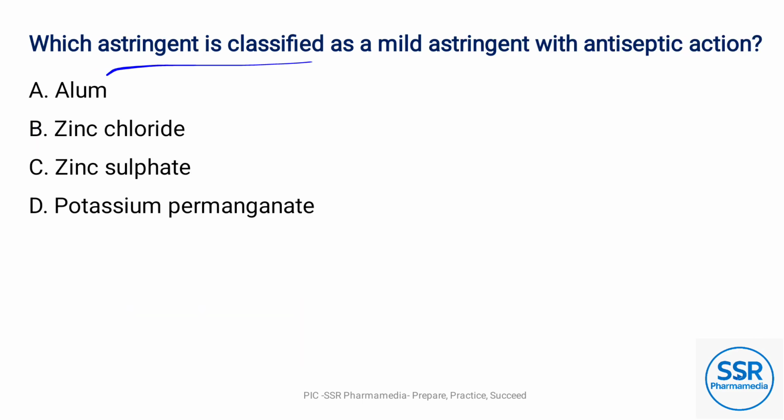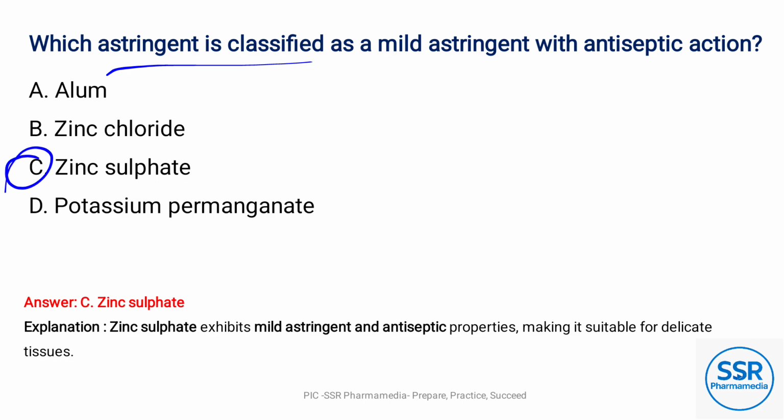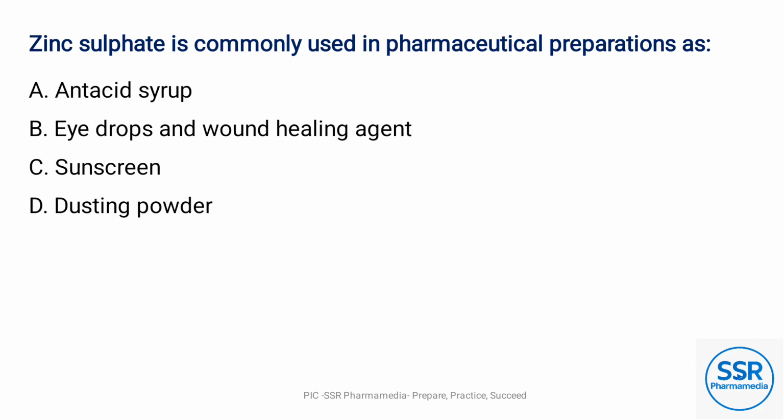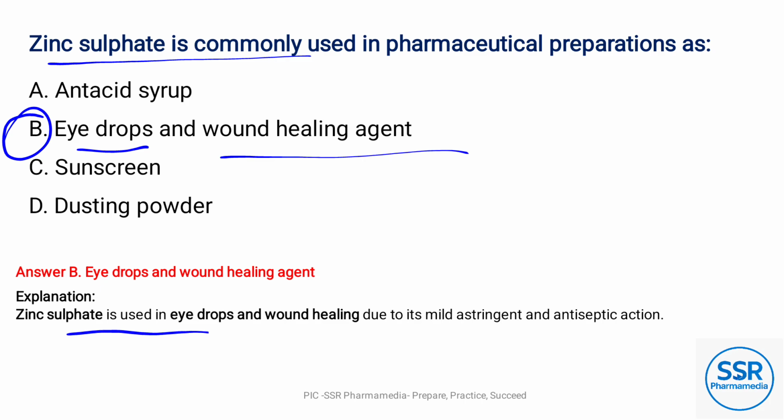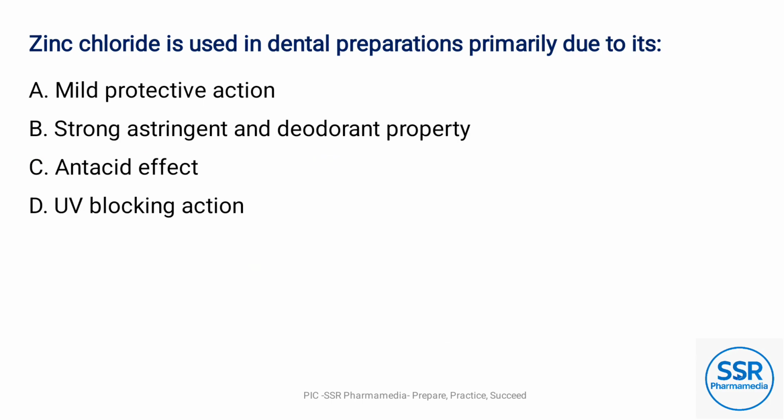Which astringent is classified as a mild astringent with antiseptic action? Option C. Zinc sulfate exhibits mild astringent and antiseptic properties, making it suitable for delicate tissues. Zinc sulfate is commonly used in pharmaceutical preparations as, option B, eye drops and wound healing agent, due to its mild astringent and antiseptic action.